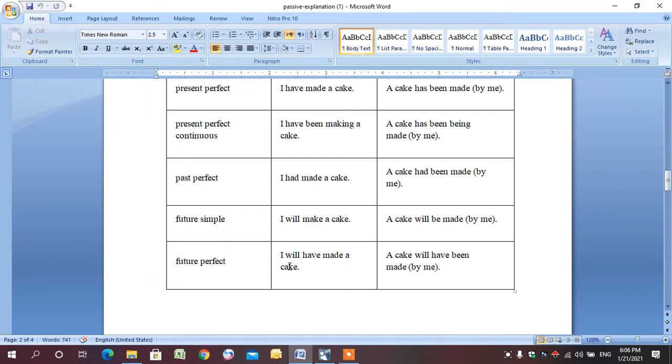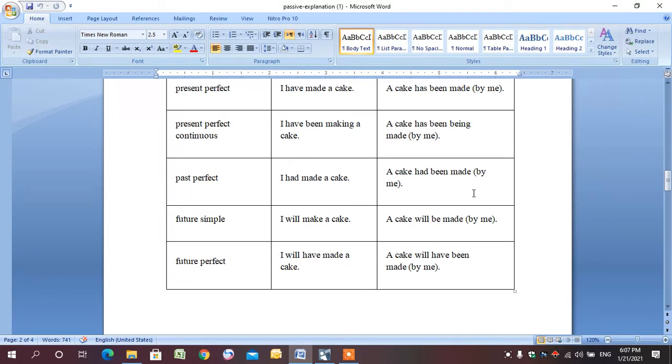Future perfect: I will have made a cake. So you put a cake, you put will, you put have, and then you put verb to be in the past participle, like the verb here. So you put been, and then you put the past participle of the verb, it's made. So a cake will have been made by me.